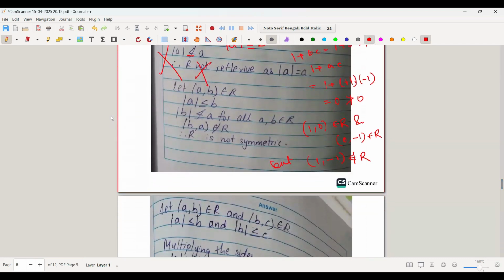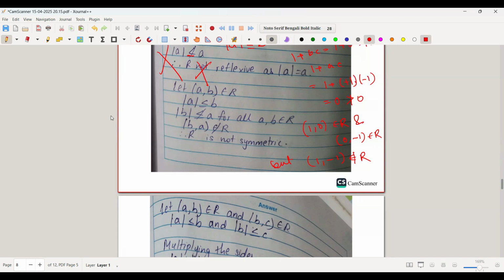If mod A is less than or equal to B and mod B is not less than or equal to A, for all A, B belongs to A. Mod A is less than or equal to B, then mod B is not less than or equal to A. Mod B is greater than A. There is some A, B. It is not true for every element.